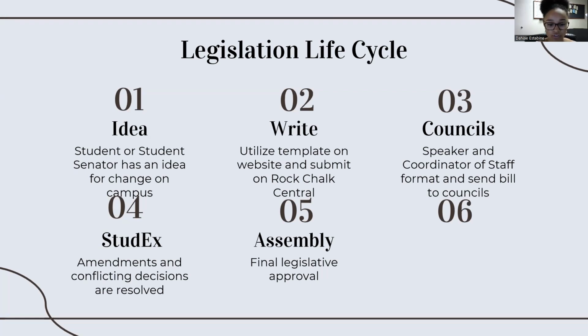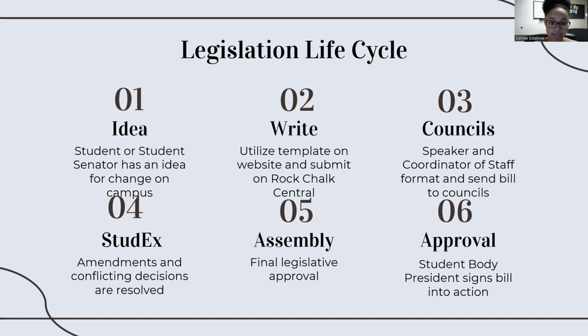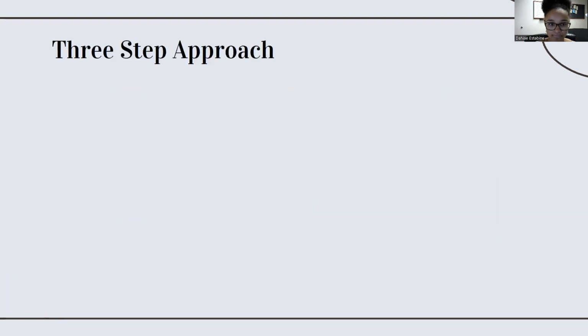That is when all of the student senators are together in one assembly, and the bills are presented there in their final presentation and final stage. And then if passed there, it will be sent to the student body president's desk to be signed into action, and then it will be considered complete and actually happen.